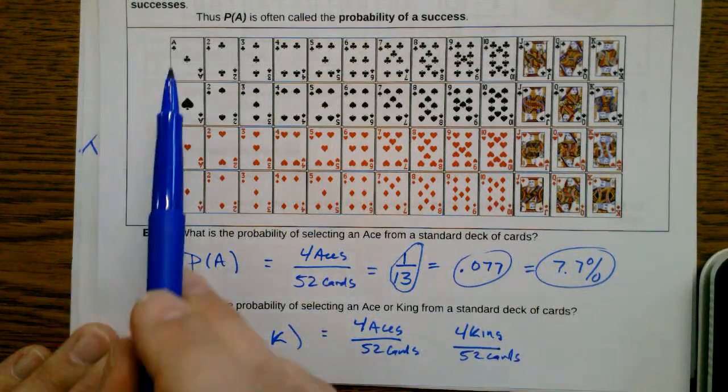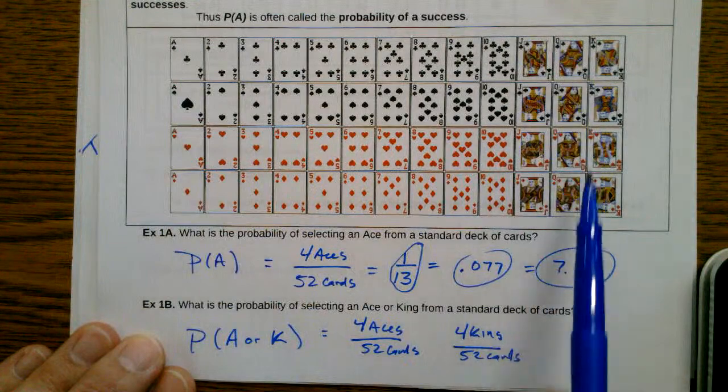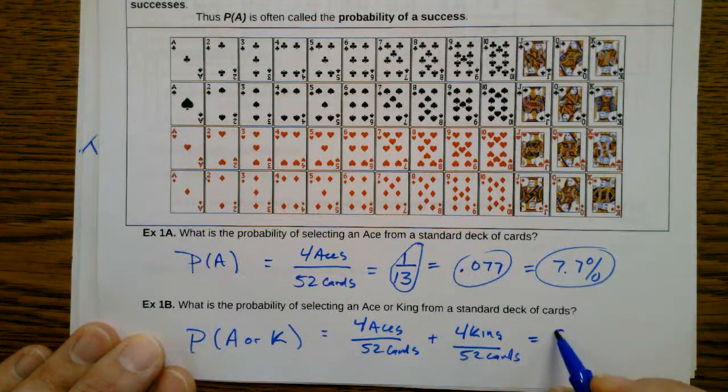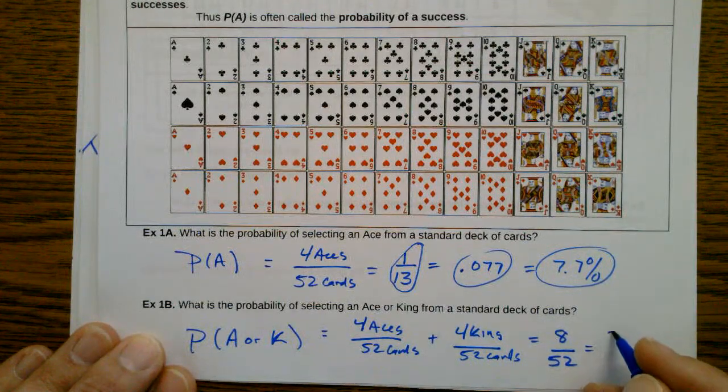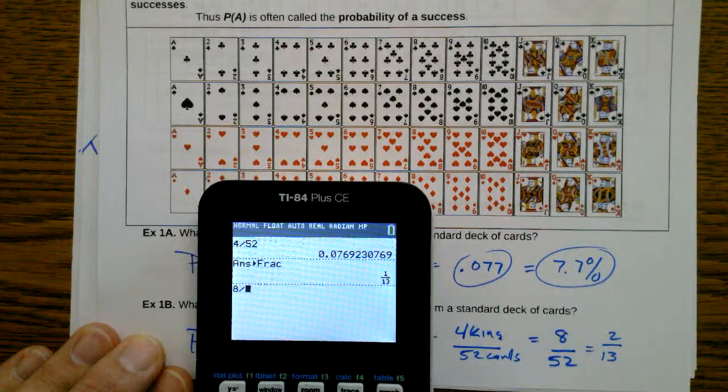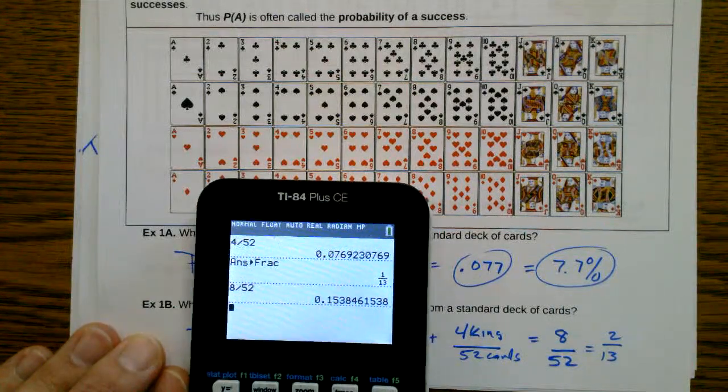So if I look at the probability of getting this guy or this guy, ace or king, we would add those numbers together. That would give me a total of 8 cards for my success out of 52. Then go ahead and reduce that. We would get 2/13. So 8 divided by 52, math frac, is 2/13.